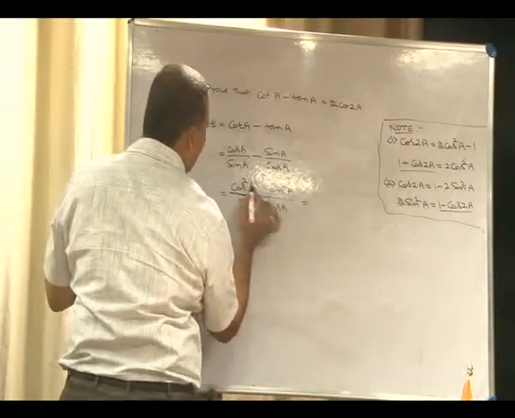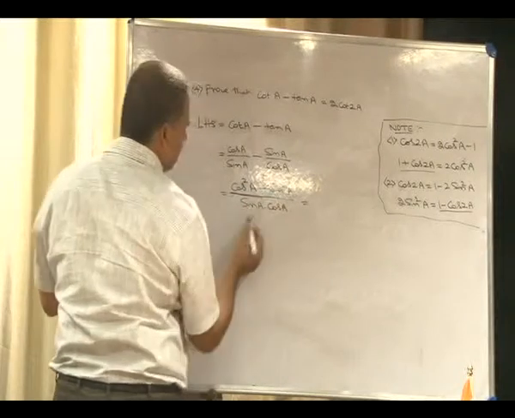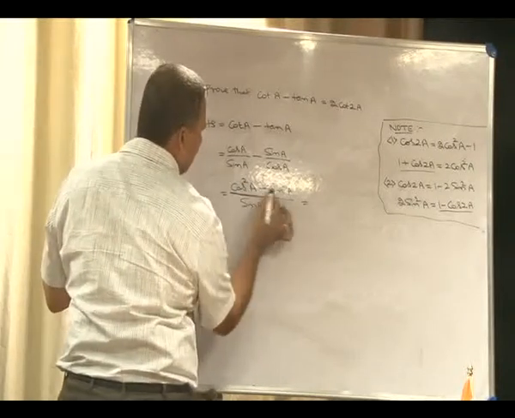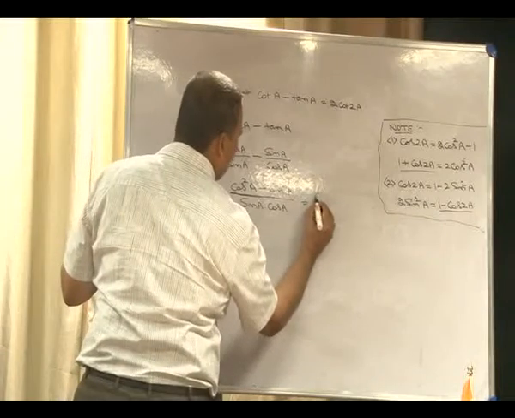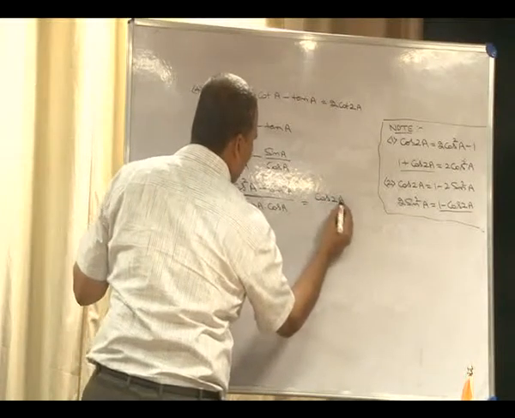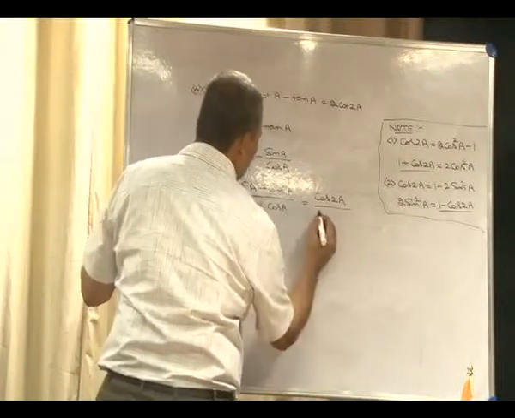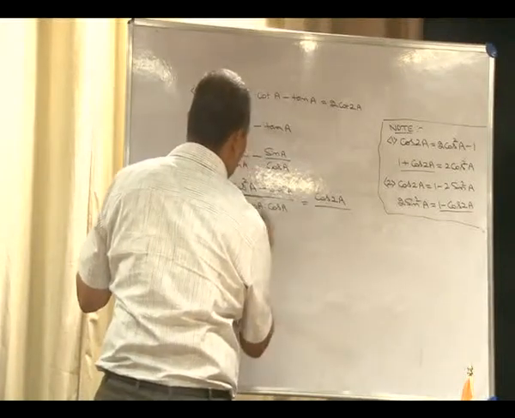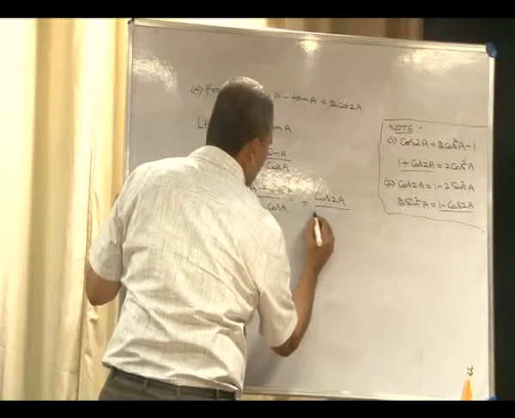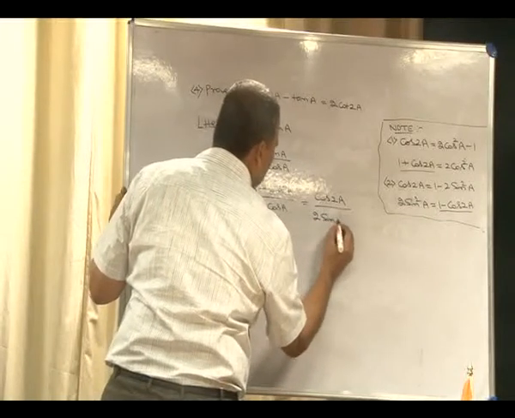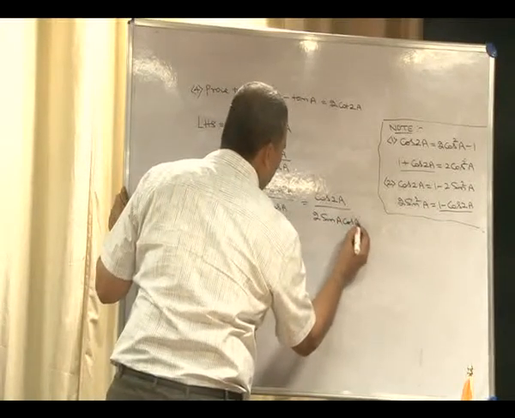In the numerator, cos square A minus sin square A. The cos square A minus sin square A is cos 2A, by sin A cos A. We may write that sin A cos A as 2 sin A cos A. To cancel that 2, multiply by 2.